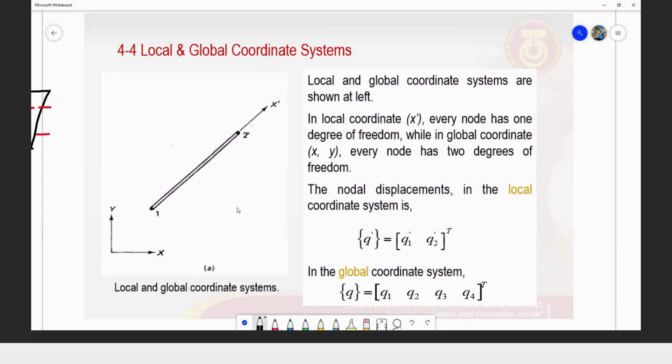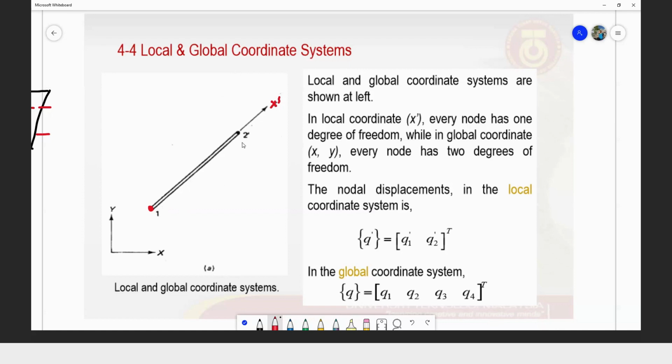Okay, local adalah maksudnya coordinate system yang merujuk kepada kita punya structure tu sendiri. So kalau structure kita in this direction, then we can draw a local coordinate system starting from there, and then in the x direction, x prime direction as shown in the slide. Alright, itu adalah untuk local.